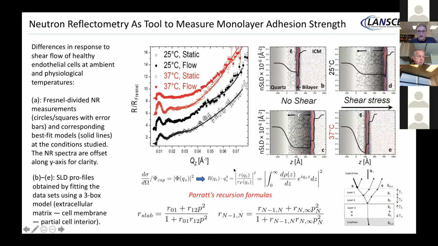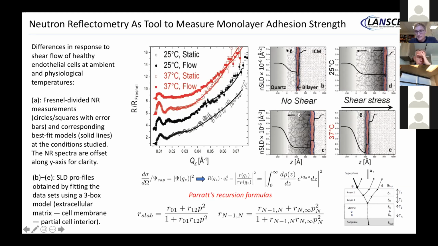The data does not have many features, and we were able to use a simple box model to fit the system. We decided on essentially a three-part box model. If you turn your eye up here to the right side, I schematically show for the four conditions, 25 degrees, 37 degrees, no shear, and shear, what we were modeling.